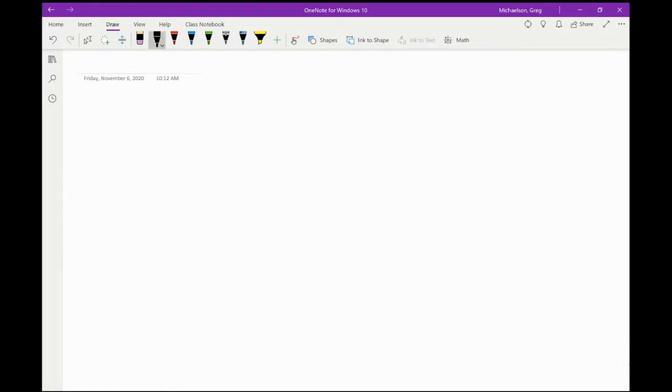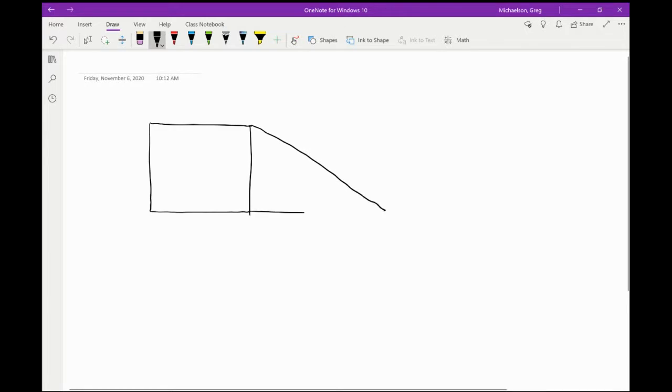We have a truss that looks like this, and like this, like that, and that. Okay, that's the truss. Maybe I can make that a little better. There we go.